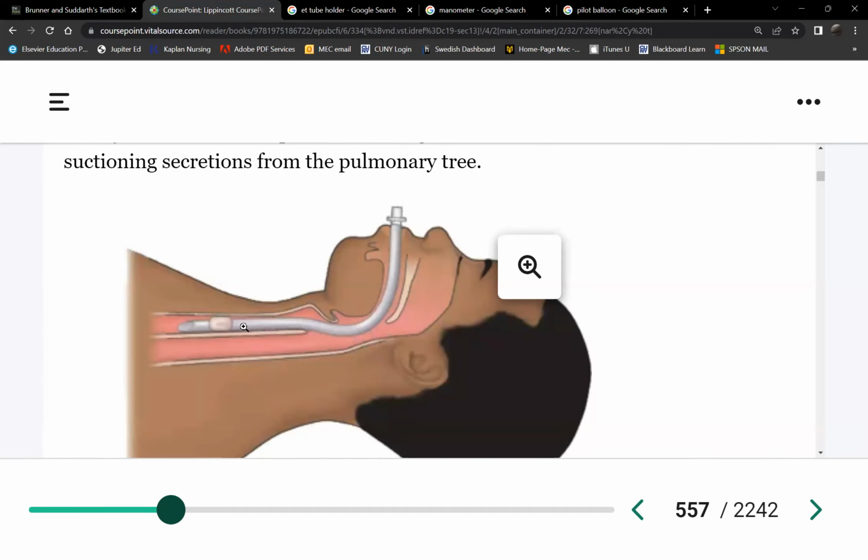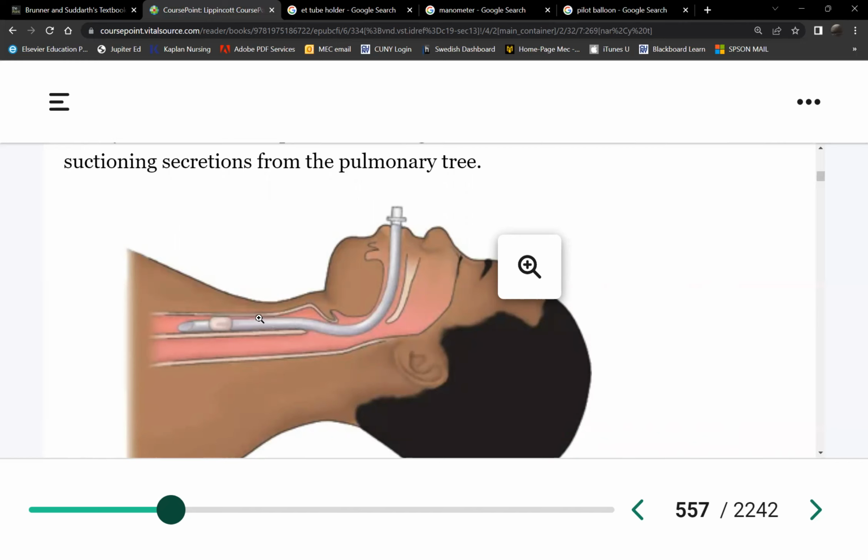Now, is that clean? Let's say this initially had a good cuff inflation, good pressure. Are there secretions here already? How old do you think those secretions are? I don't know, since this patient was intubated.